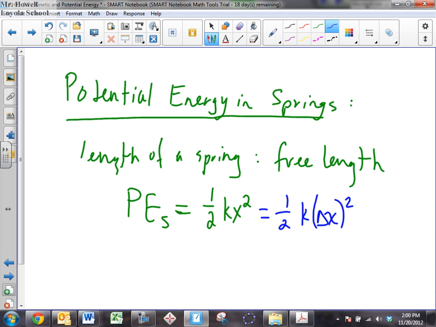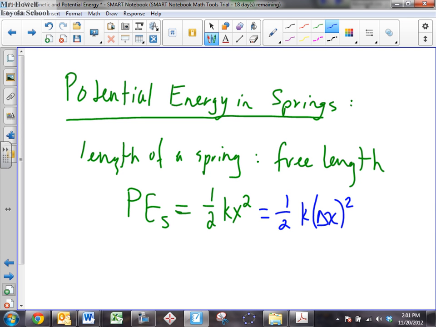You might be given PE and X and have to solve for K, but you're not going to have to say, well, there's more loops in the coils, or the coils are thicker, or the material is copper instead of aluminum. You're not going to have to worry about the material properties. So you're going to either be given the K value, or you're going to have to calculate K based on just the PE and the X values.